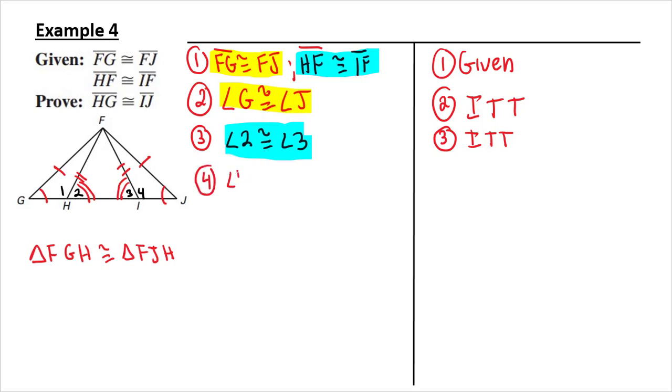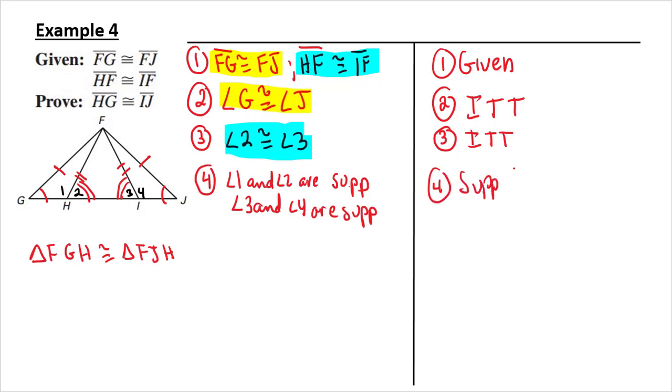So I can say angle 1 and angle 2 are supplementary. Angle 3 and angle 4 are supplementary. And that is our supplements theorem. Supplements of congruent angles. 2 and 3 are congruent. So supplements of congruent angles are congruent.